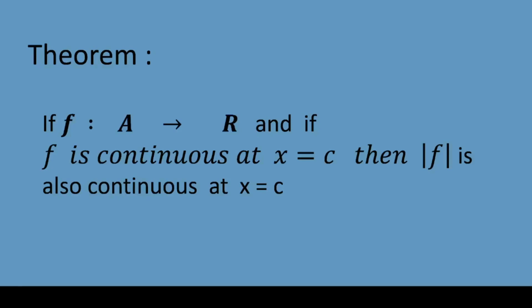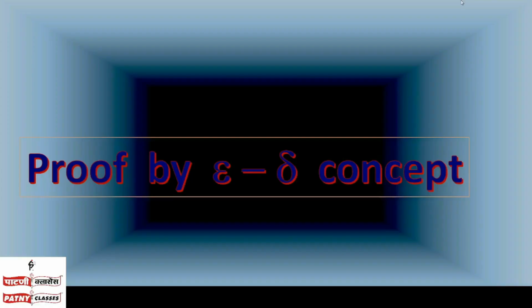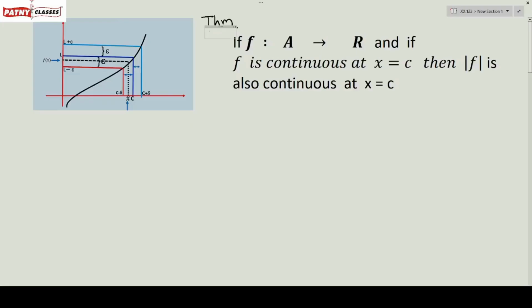If f is a function from A to R and if f is continuous at x equals c, then modulus of f is also continuous at x equals c. We can prove this theorem by using the epsilon delta concept. Let c be the cluster point.